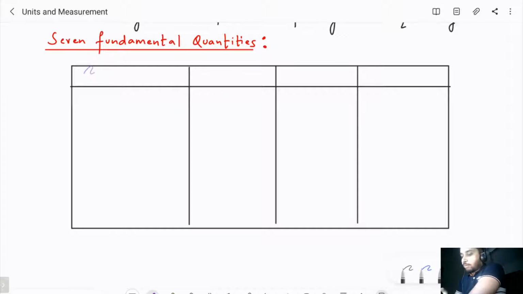So first we'll write the name of the base quantity or the fundamental quantity, its SI unit, and then we have a symbol of the unit.